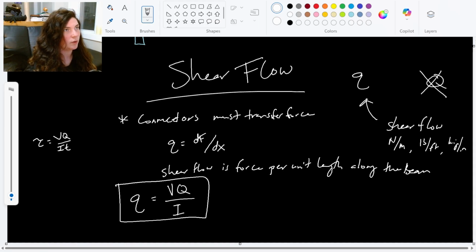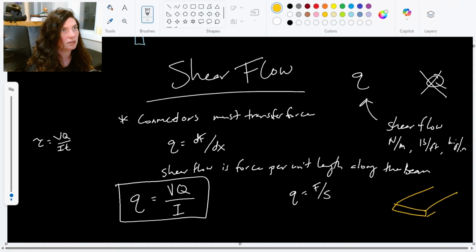And with this shear flow equation, this works with our fasteners. We can find our fastener spacing from this force per unit length. So we can write this as our q is the force over the distance, this distance s between different fasteners. So if I had, let's say, this wood beam, and I want to nail it to this other wood beam, make myself a little T-beam.